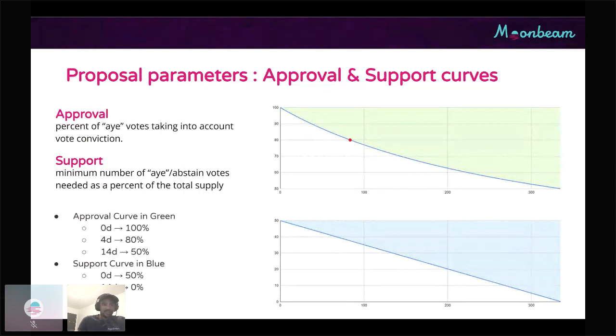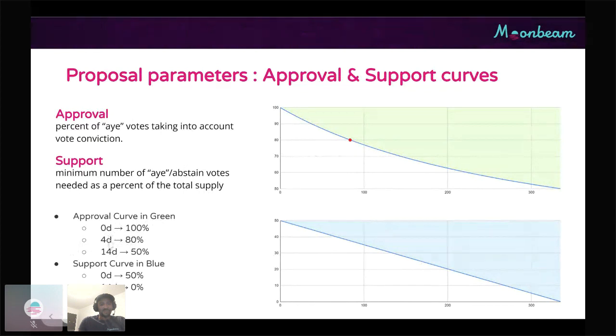So here on the left-hand side, I only put some examples. We can have an approval curve. This one is reciprocal, where on the first day, we require 100% of yes versus no. Then on the fourth day, which is 96 hours later, only 80% is required, and it will slowly decrease.